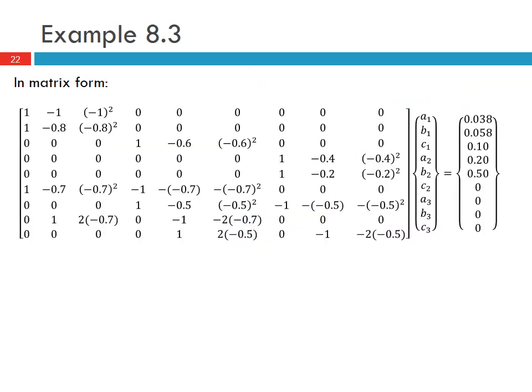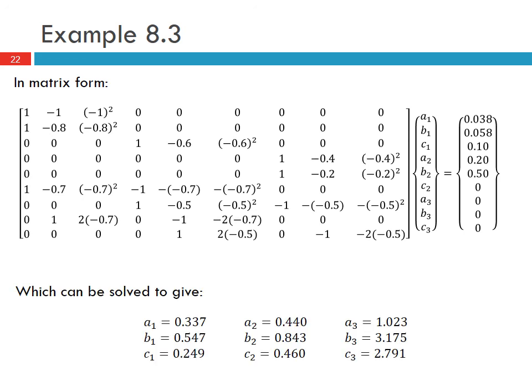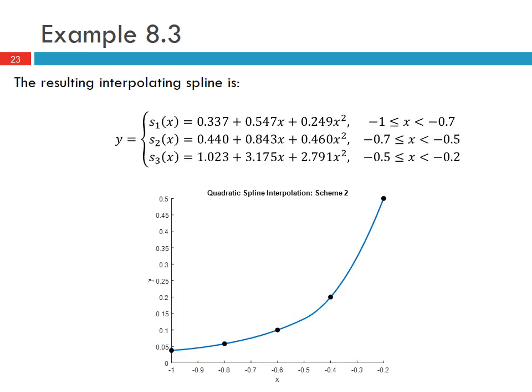So in matrix form, we can write this out in matrix form and solve this to find our unknown coefficients a1, b1, c1 up to a3, b3, c3. And the resulting interpolating spline is shown here.